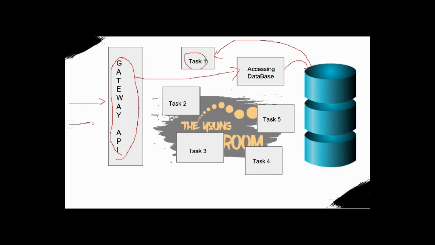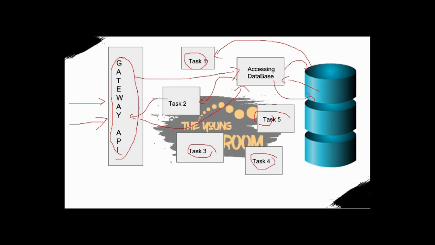If you want to chat to a person, you are communicating with the gateway API. It goes to accessing the database, and from this database, you perform the task 2. So as you can see out here, task 5, task 4, and task 3 are not performed in this scenario.